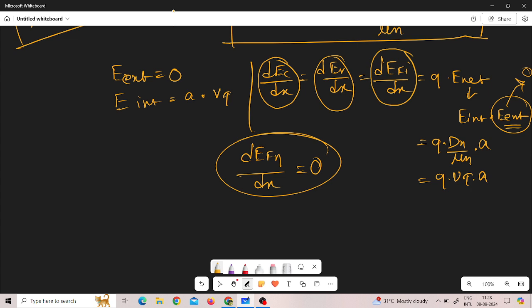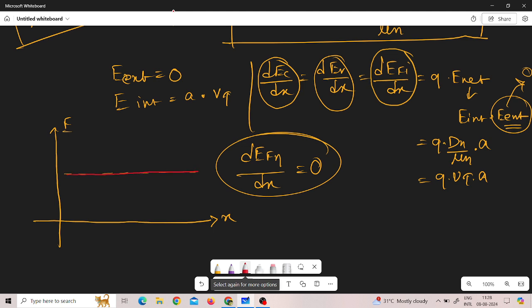So let's draw the band diagram here. So this is my extrinsic Fermi level, which does not have any bending.